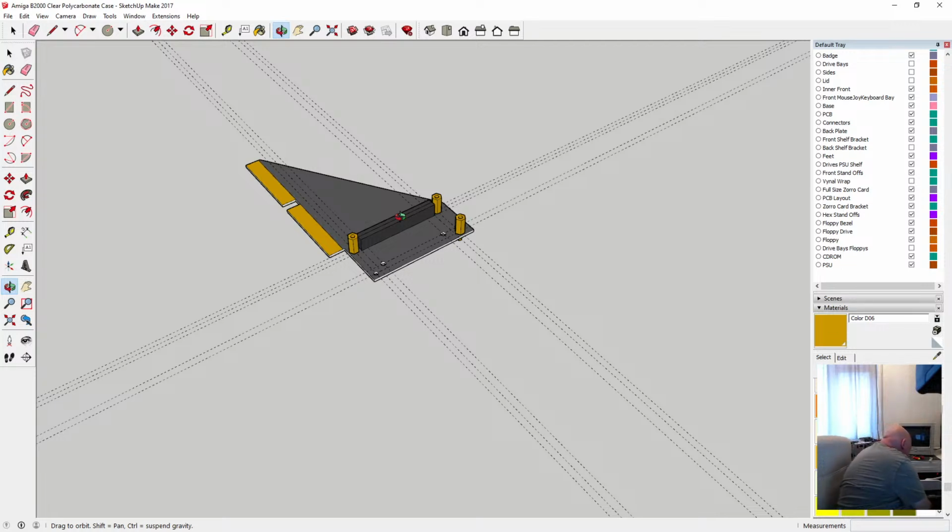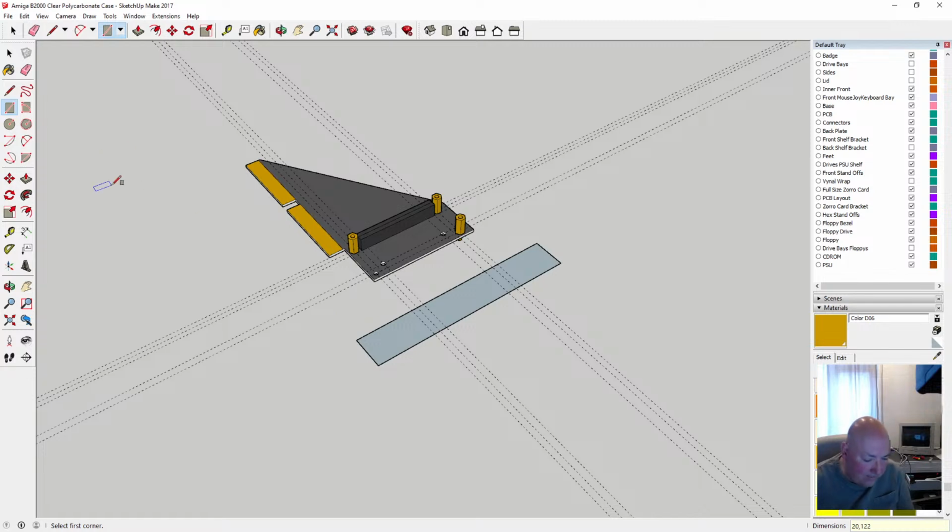Let's use the ruler. Right, so we've got 20mm wide by 122. 20mm by 122. So 20 by 122.